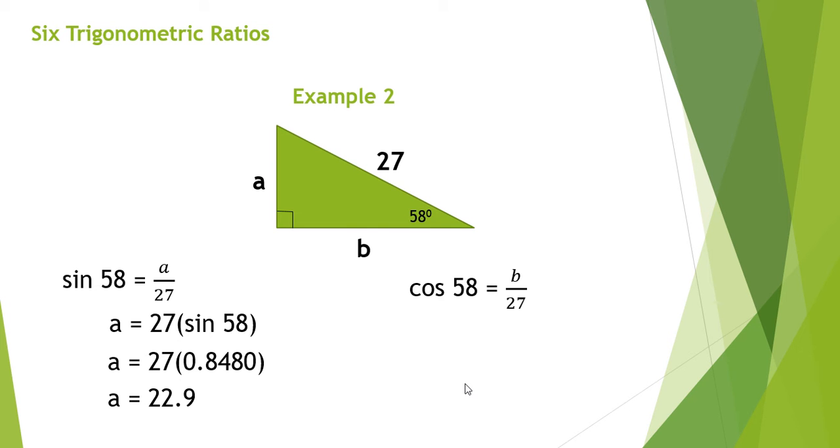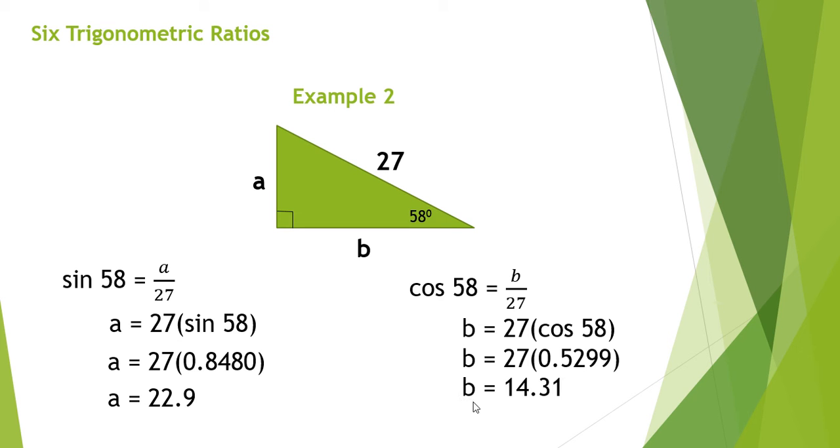The same, we will do the cross multiplication, and we can come up with B equals 27 times cosine of 58. Using a calculator again, cosine 58 is approximately equal to 0.5299 multiplied by 27. So B is approximately equal to 14.31.